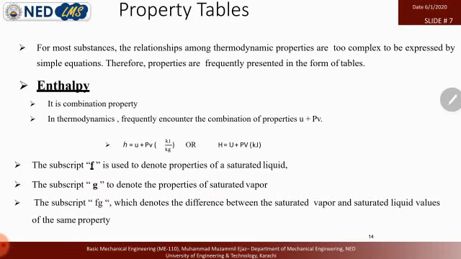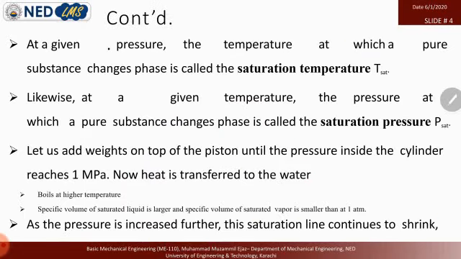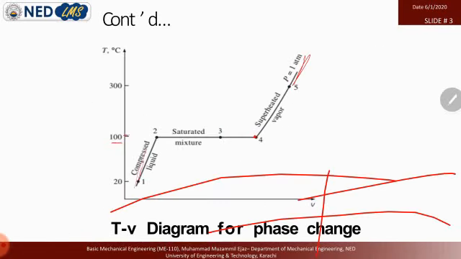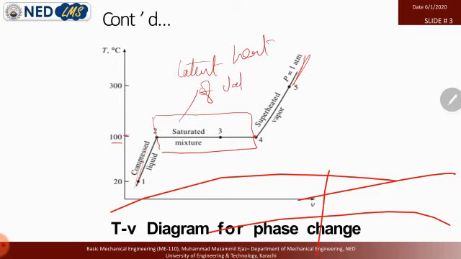Like in this diagram, you can easily understand. This portion is latent heat of vaporization. We don't have the graph of liquid to ice to liquid, but we have a graph of latent heat of vaporization.